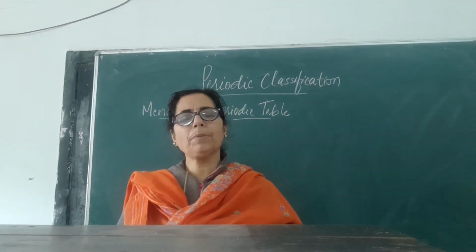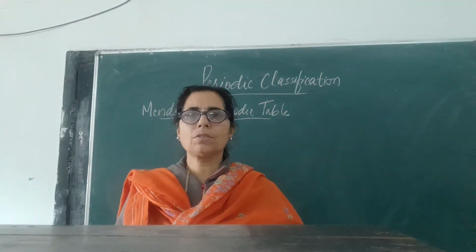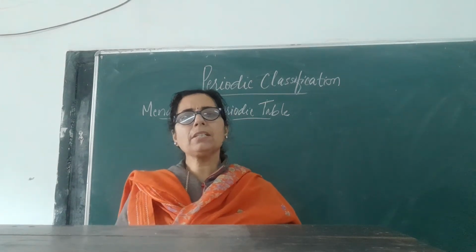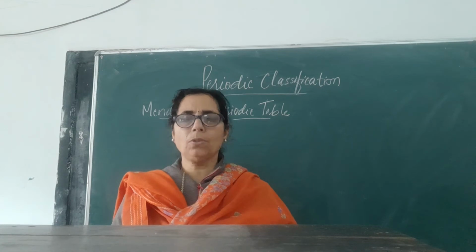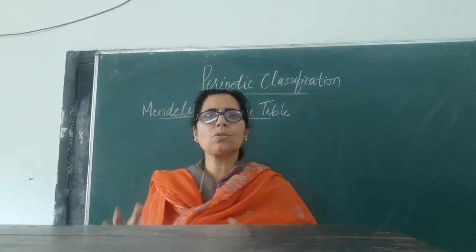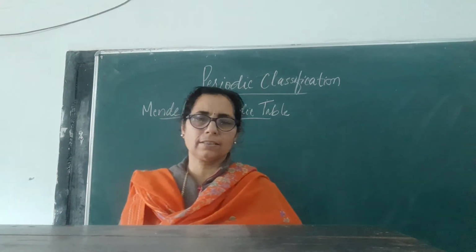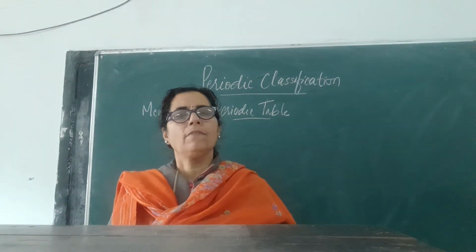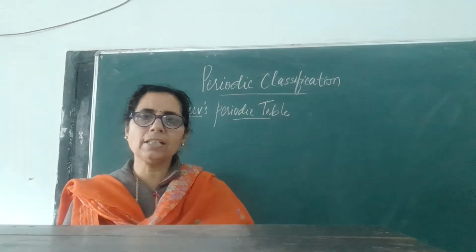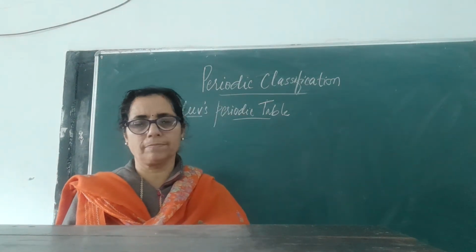After writing the properties, he sorted out the properties which were very similar and then pinned up those elements on the wall. While doing so, he found that most of the elements got their place and many elements were showing repeated physical and chemical properties after a certain interval.